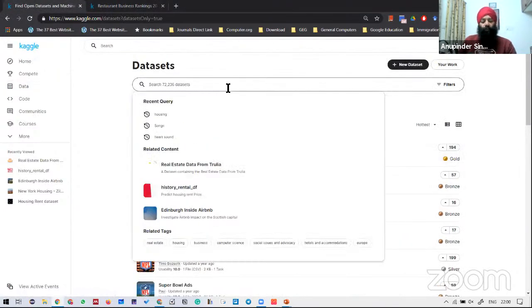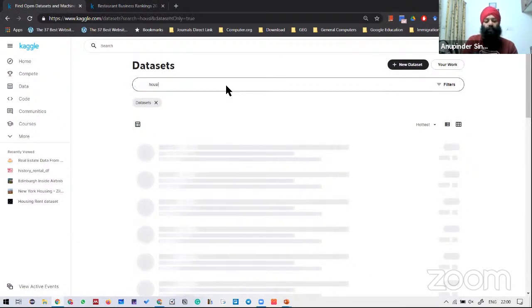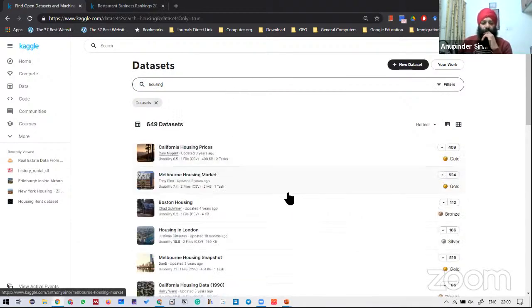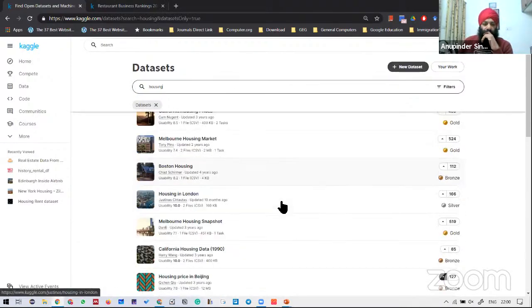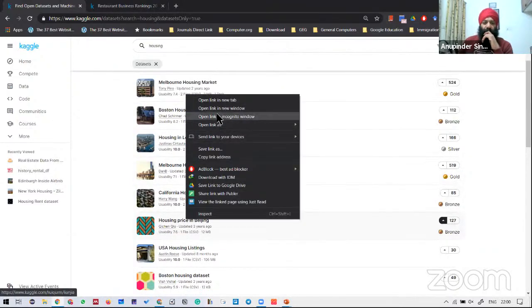Whereas, let's say we go for some housing data. I'm searching for housing data, and let me open, say, this housing prices in Beijing.